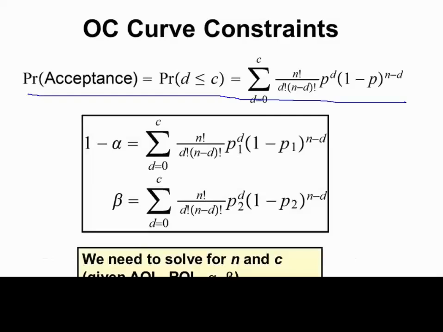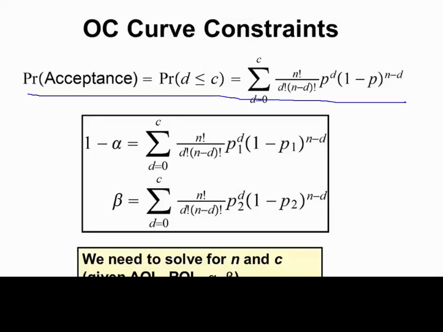At the AQL, that's P1 now. We just said at the AQL, probability of acceptance is 1 minus alpha. And then we have our cumulative binomial distribution from D to C, with P1 equal to the quality level associated with the AQL. And then at the RQL, we have beta here. Probability of accepting at the RQL is an error. That's beta error, consumer's risk. And this is at P2.